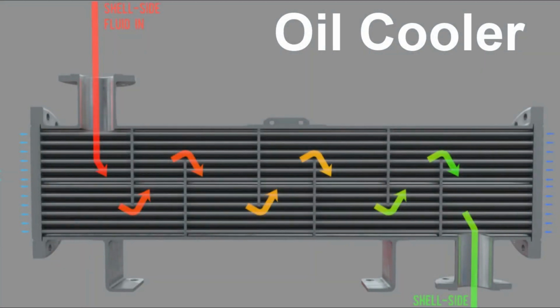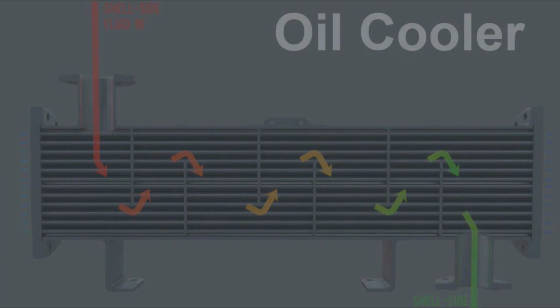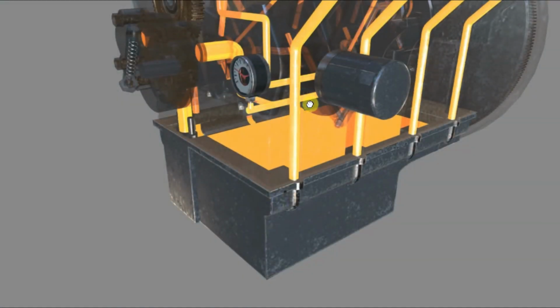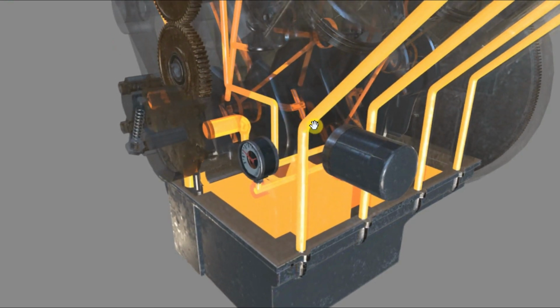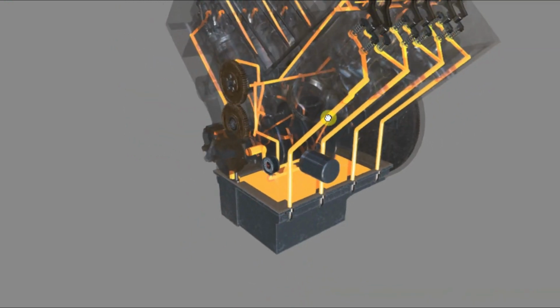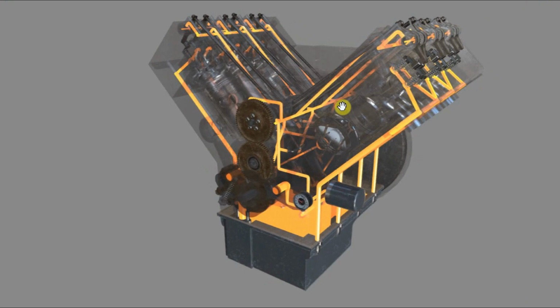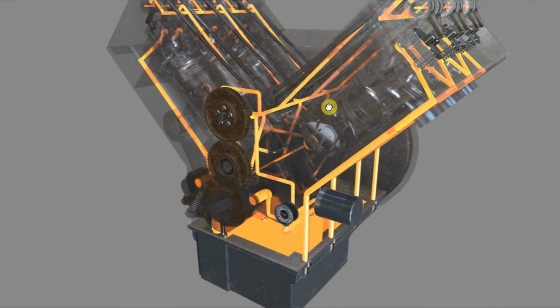And you'll have a totally separate system for that, and the water would be pumped around this system and it will pass through a series of tubes maybe, and the oil will pass around the outside of the tubes and we will cool the oil in that manner. Obviously it's very important to ensure that the water doesn't mix with the oil, because if it did, that would be a big problem for the engine itself, because water itself does not have very good lubrication properties. So the purpose of a lubrication oil system, to lubricate and to cool.